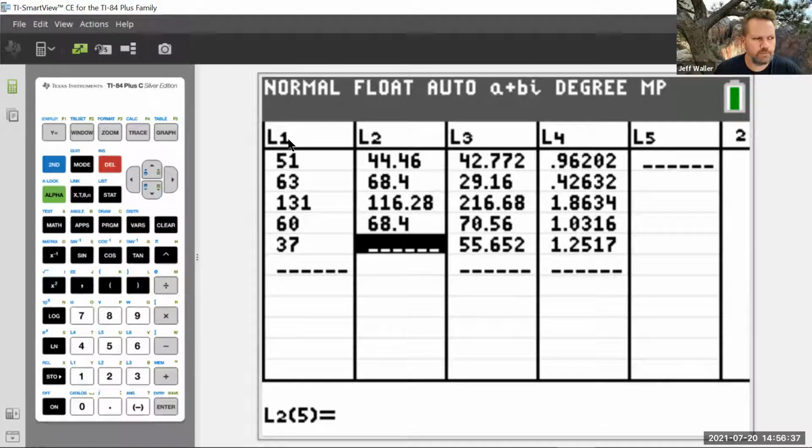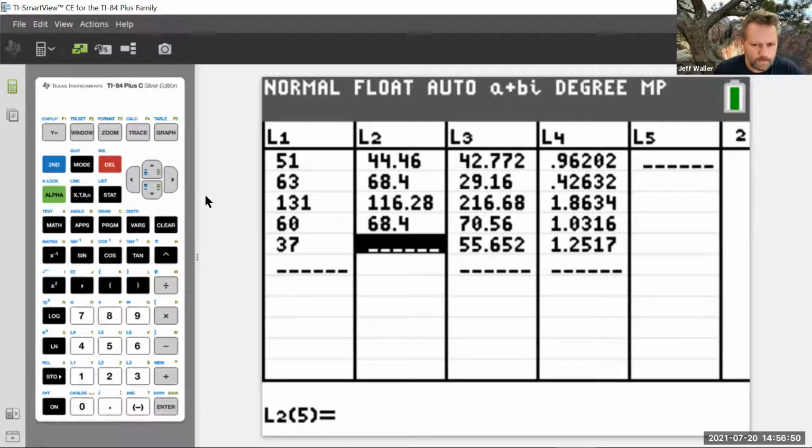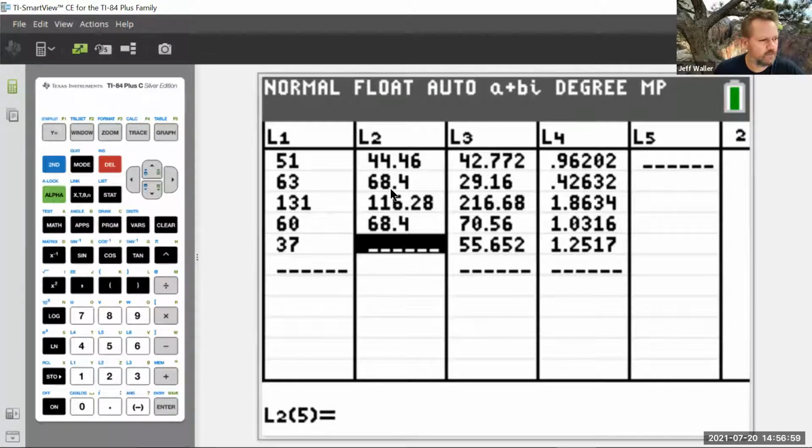Is it a specific problem, or are you just trying this out of nowhere? No, it's the 59. So you have the data from 59 in your calculator? Yes. When you hit stat edit, are the lists different sizes?